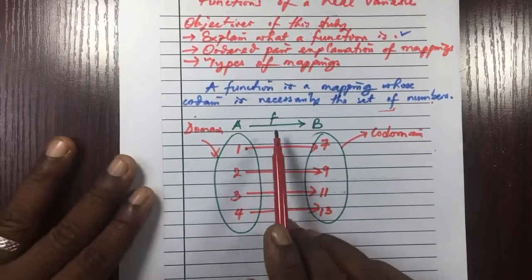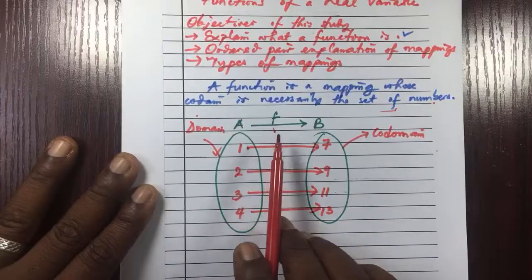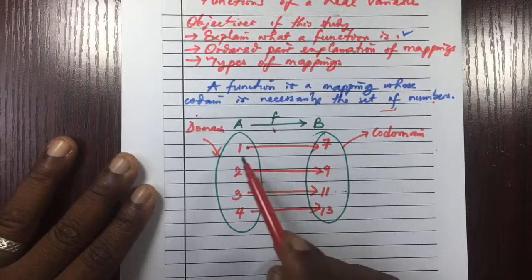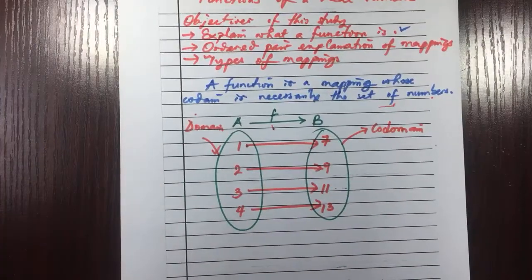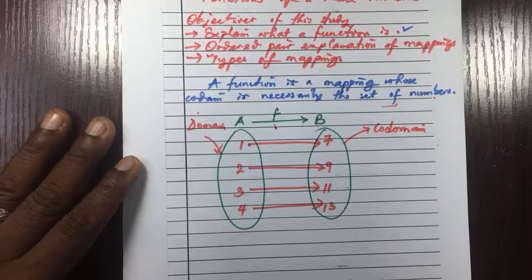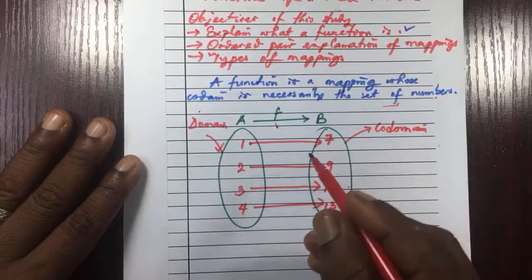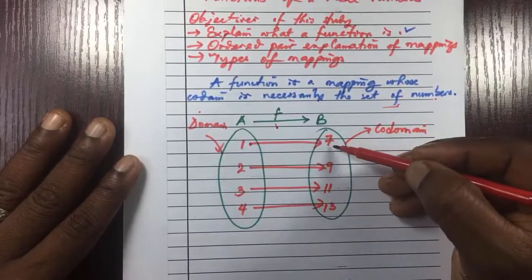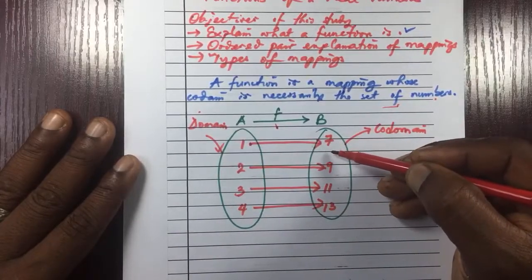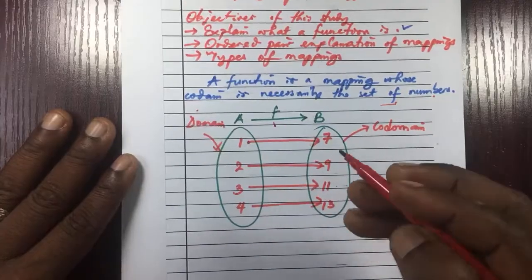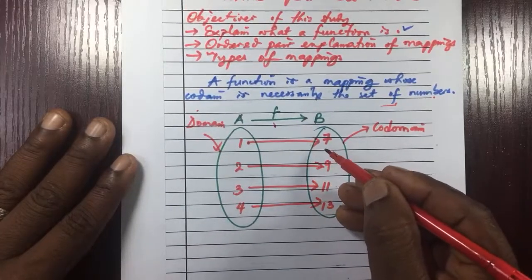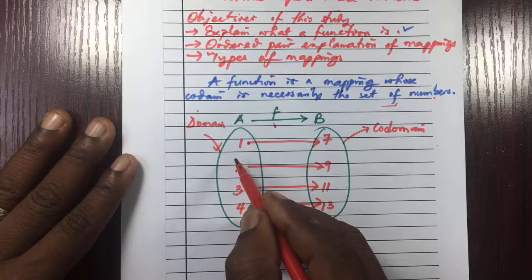Meaning that for this to be a mapping, not only must the elements in the codomain be the set of numbers, but you would notice that every element in the codomain is a unique assignment to elements in the domain.